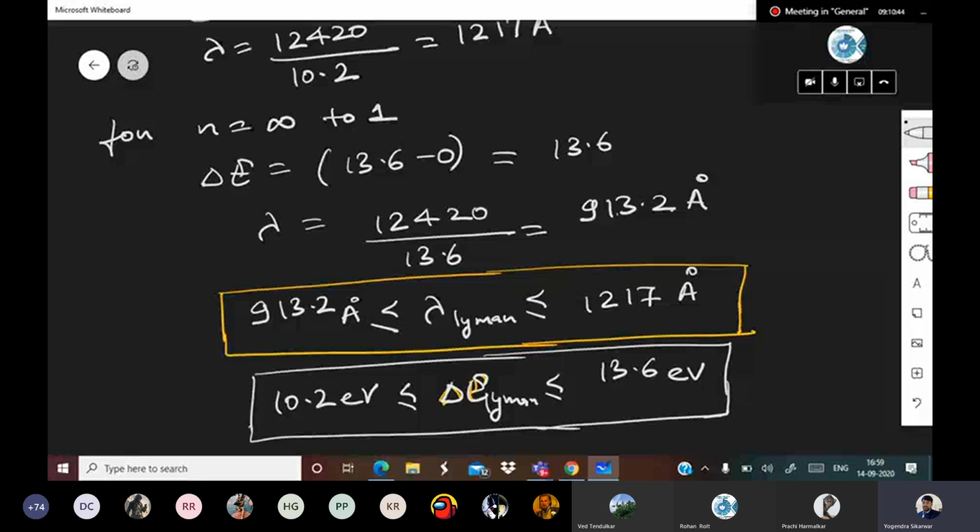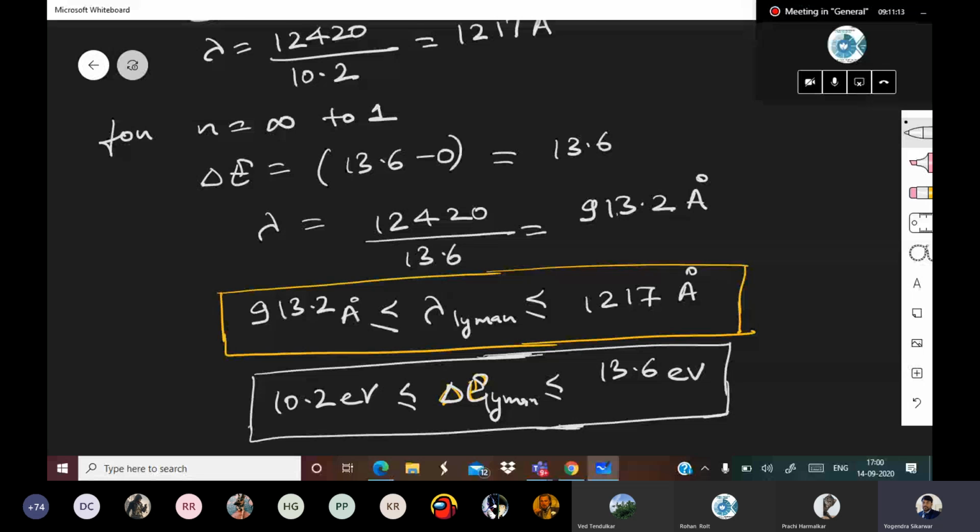If you remember these values, your calculations will be very quick. So this was all about Lyman.